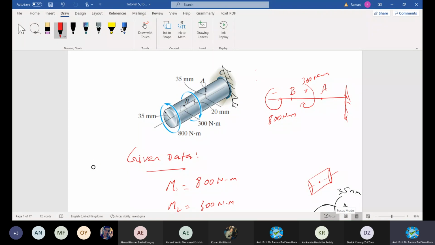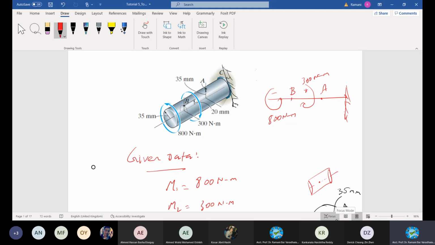In doing so, we are asked to find the value at this point and this point. When you are reaching here, there are 2 points given to you. When you rotate the member, from this point to this point, the member will be subjected to 800 or relatively less.